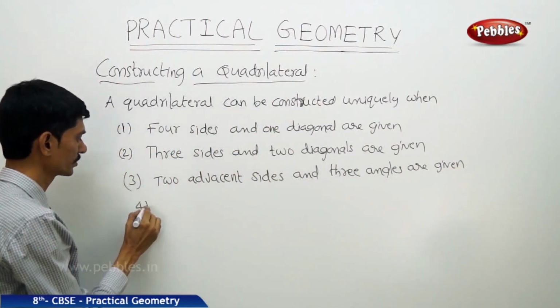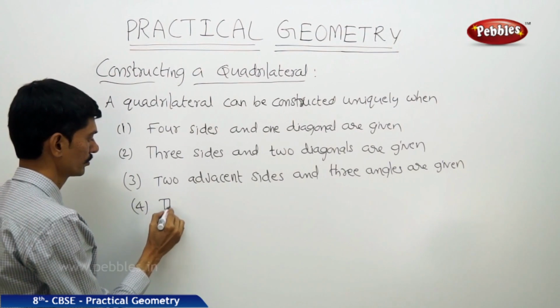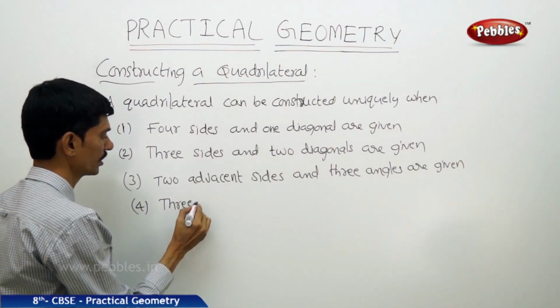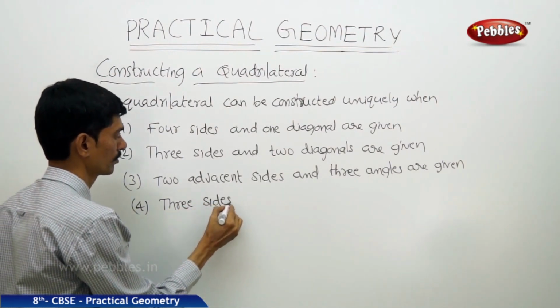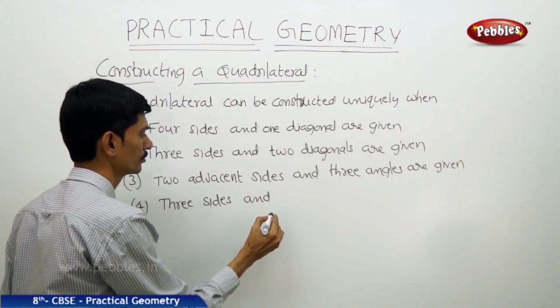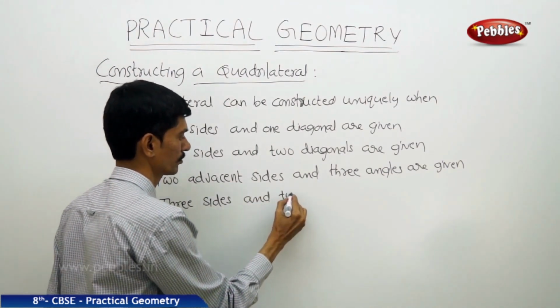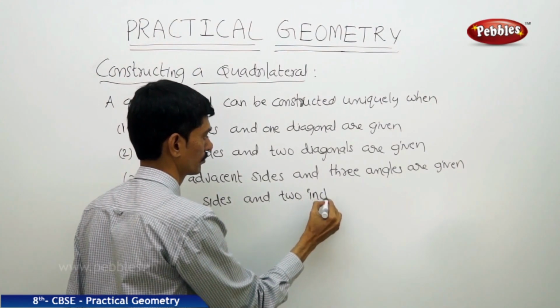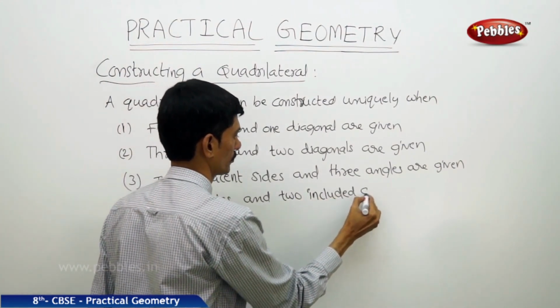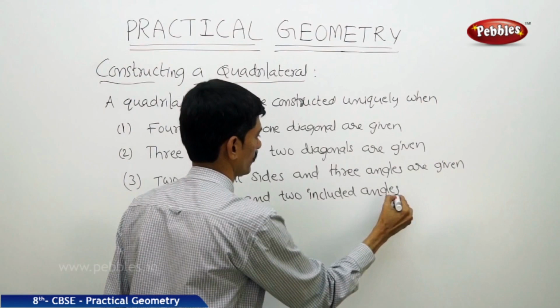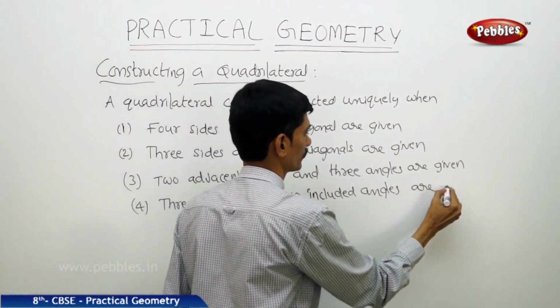And the fourth case is that 3 sides and 2 included angles are given.